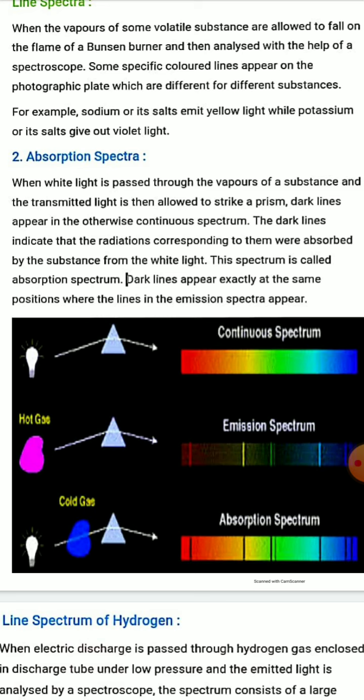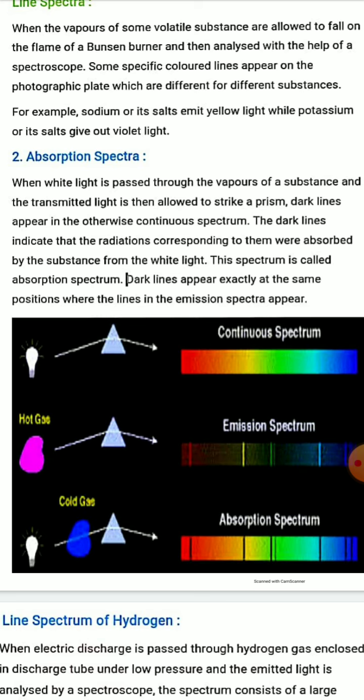Absorption spectrum is formed when the white light is passed through the vapor of a substance, through a solution, through a transparent gas, or through a transparent liquid. When the white light passes through the vapor of a substance and the transmitted light is then allowed to strike a prism, dark lines appear in the otherwise continuous spectrum.